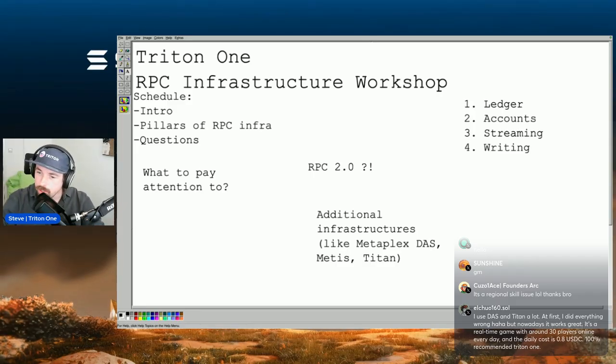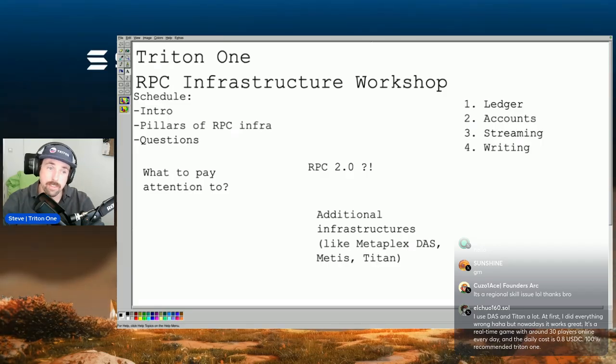Another question: I use DAS and Titan a lot. Yeah. So for those who don't know, Metaplex alongside Triton One, we created the DAS API, which is the Digital Assets Standard, which is a secondary index of NFTs, compressed NFTs, but also fungible tokens.